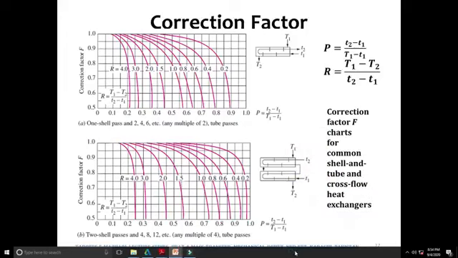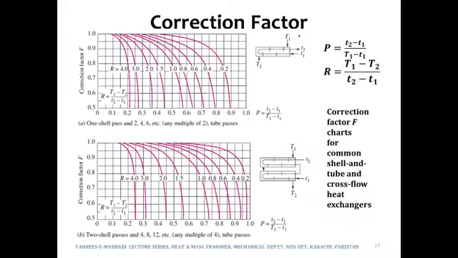As per this diagram which has been provided over here, small t refers to the temperatures of the tube side fluid. So small t1 would be the temperature of the fluid which flows through the tube, and t2 would be the temperature of the fluid which comes out of the tube.